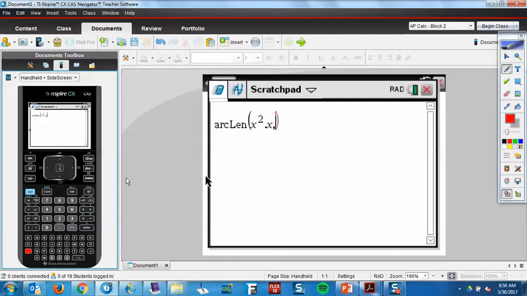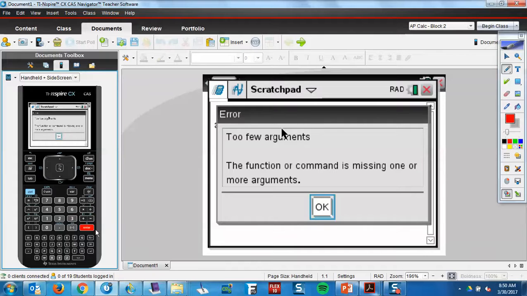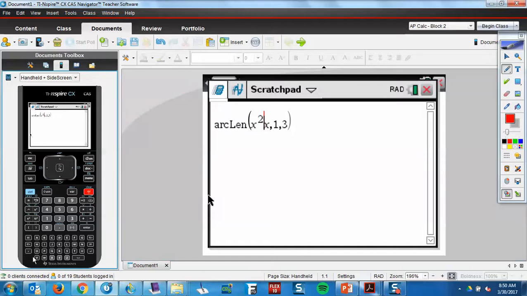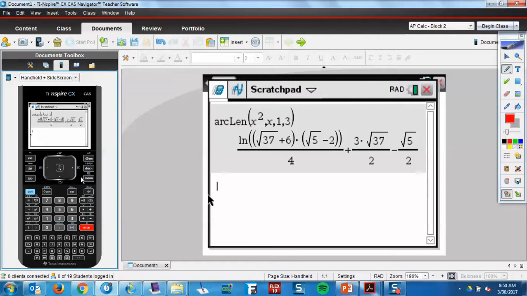So it was function, then the variable, so with respect to, and then 1, and then comma 3, and enter, and I'm missing something. I don't think that's a comma, is it? It's a decimal.